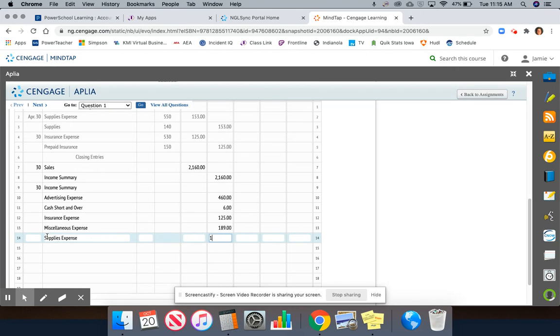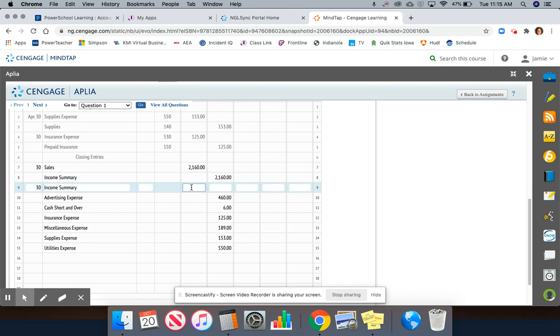These are all coming straight from our worksheet. They're debits in the worksheet, so I'm going to credit them. I have all my expenses in there, and I credited them, and then I need to take the total of all these expenses and debit income summary for the total, so that in this transaction debits equal credits.